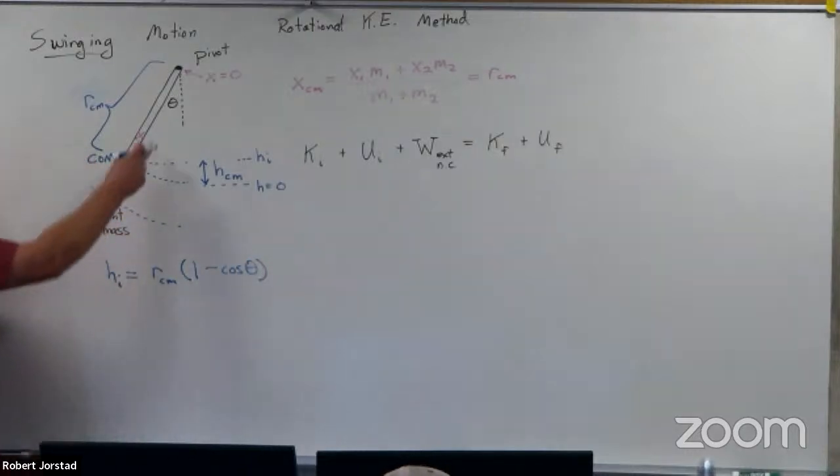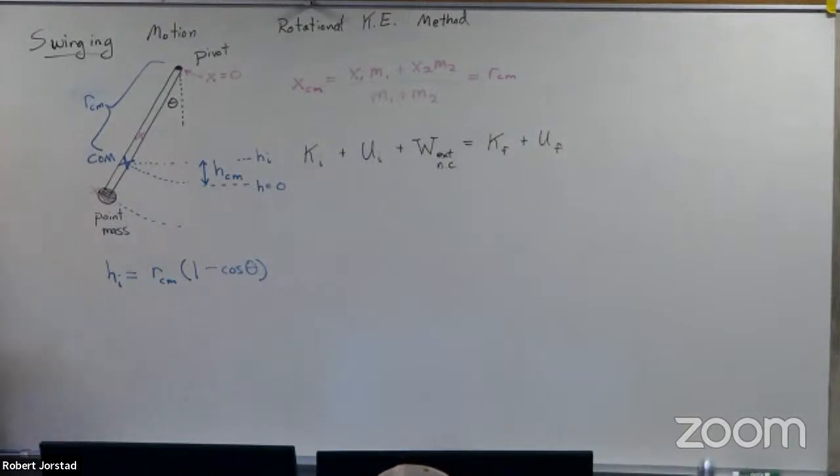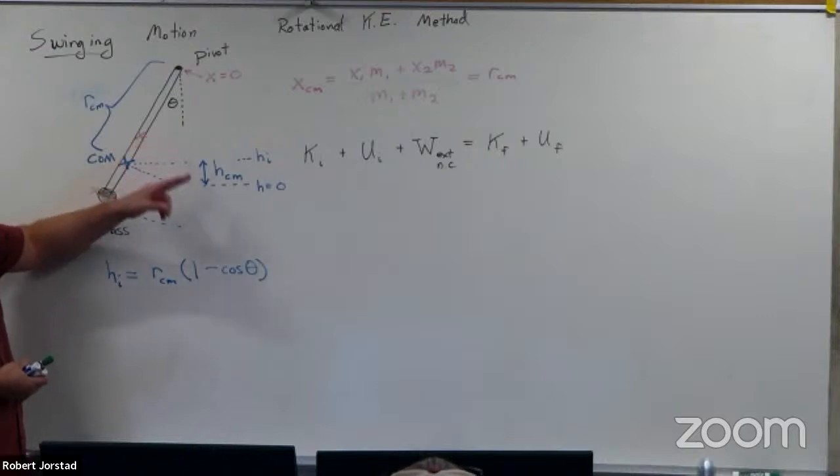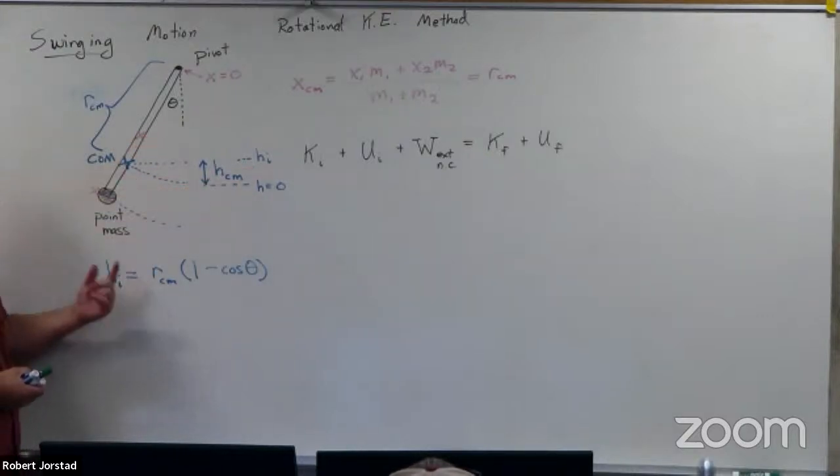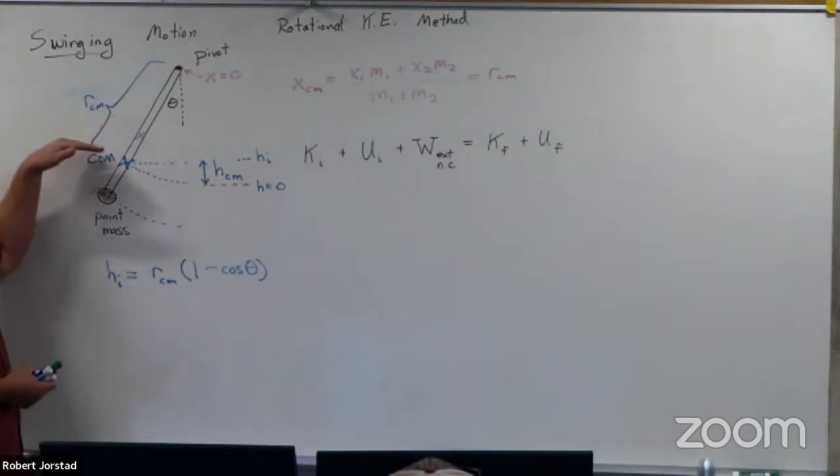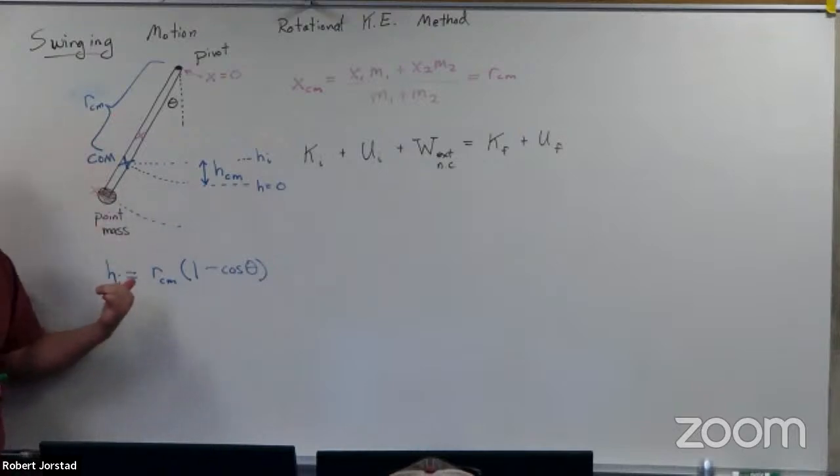If we use the angle to the vertical, this is the quick shortcut. So by doing this, notice what we have to do. We use some geometry to get the initial height. And then from that point, we use the radius of the center of mass. So you can get the initial height for gravitational potential energy. Does that make sense?